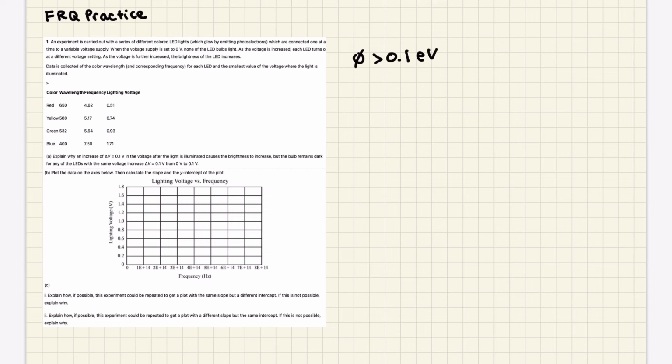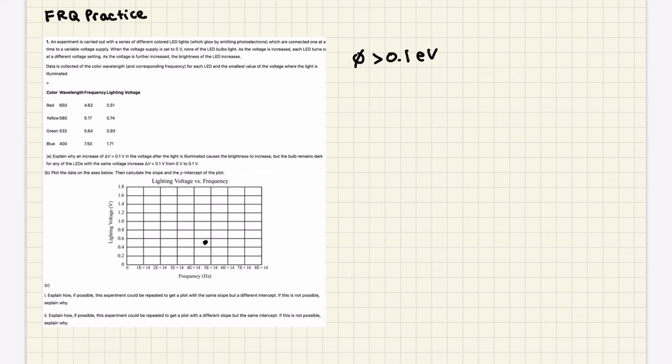Okay, part B, it says plot the data on the axes below. Then calculate the slope and y-intercept of the plot. What we can do here is just show the different plot points. It has frequency versus voltage, and so frequency is 4.62. That's going to be approximately here, and the voltage is 0.51, so around here.